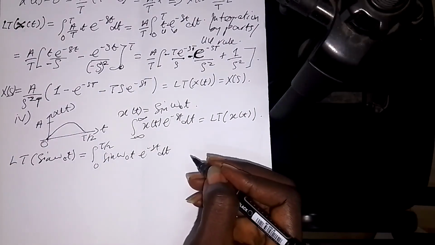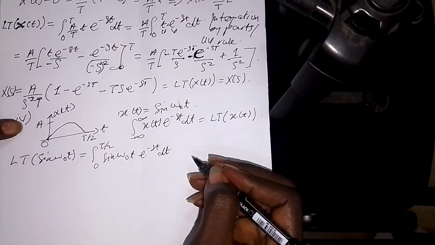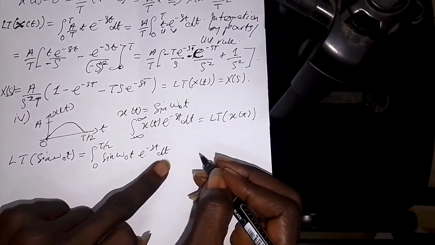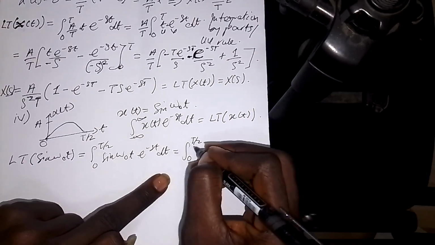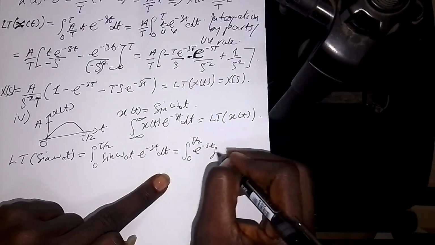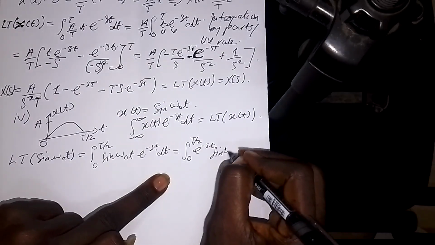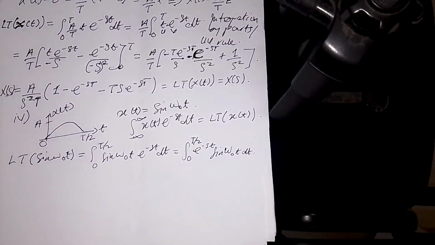So this is what it's going to actually be like. I can also rewrite this in this way: the integral from 0 to t on 2 of e to the minus st sine omega naught t dt. I can also write it in this way.